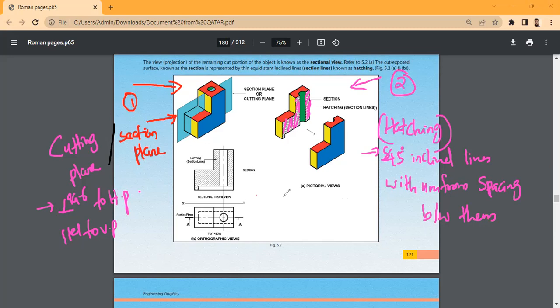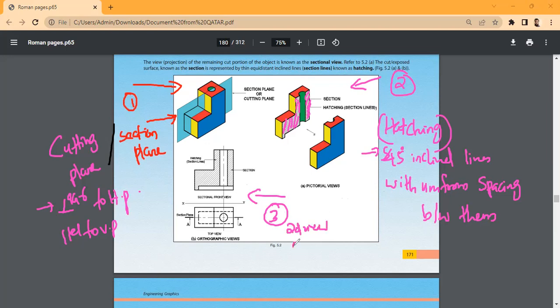Okay, then here you can see a view. What is this, the third figure? It's the top view and front view. Yeah, the third drawing, 2D view or 3D view? 2D view.